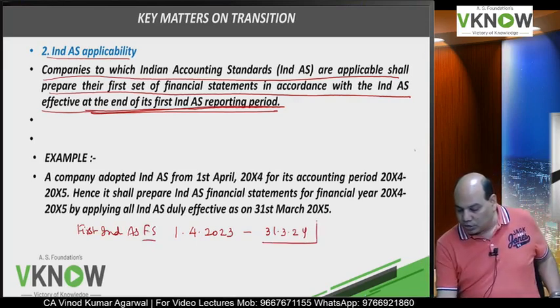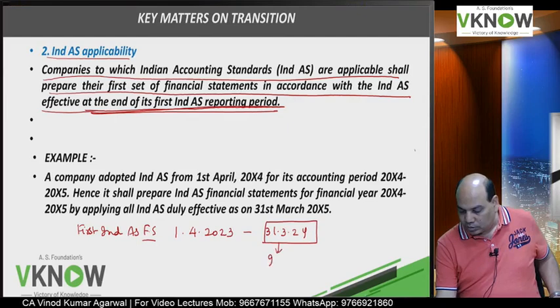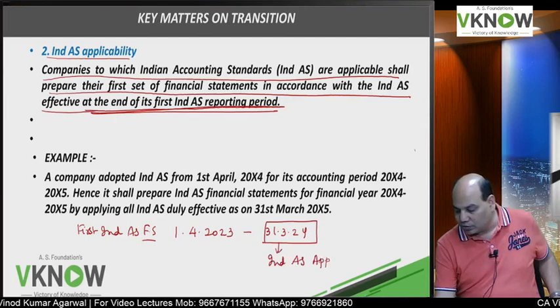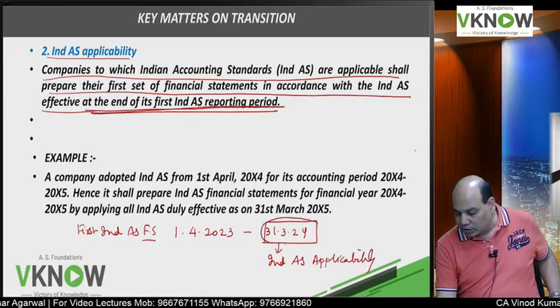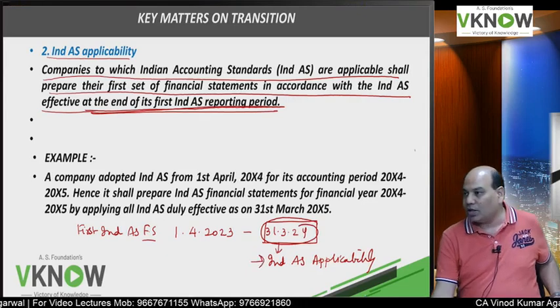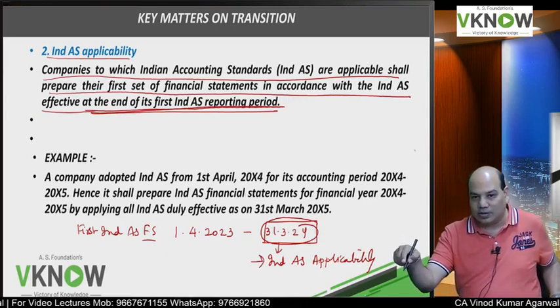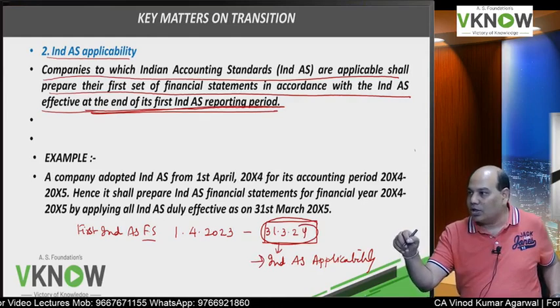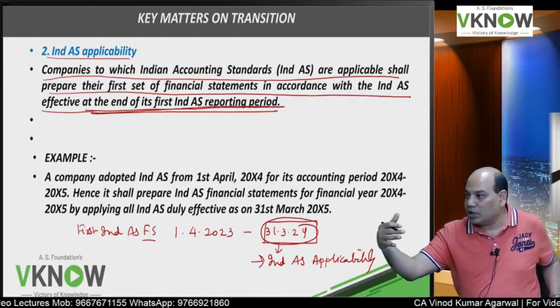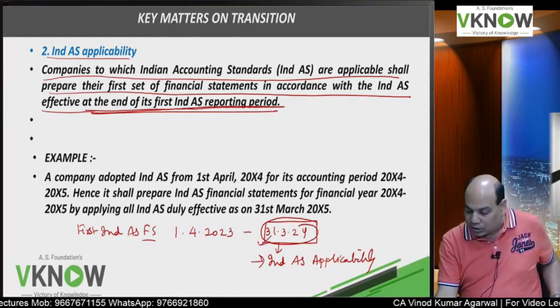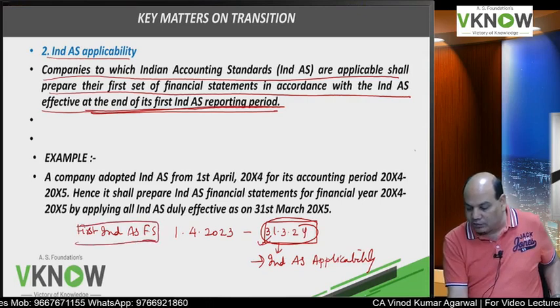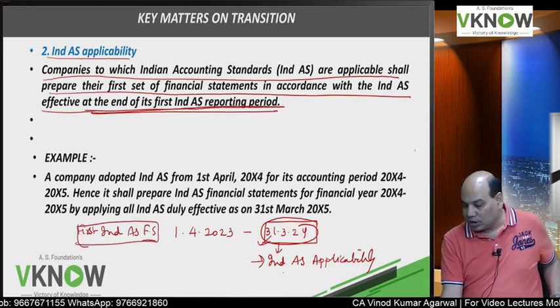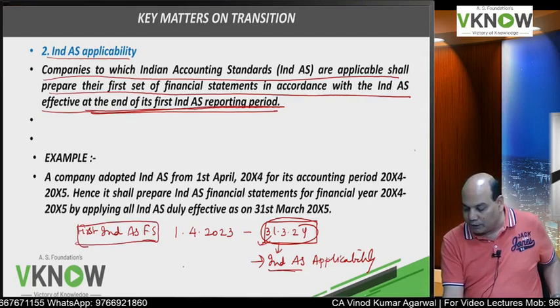So you have to see which Ind AS is applicable on 31st March 2024. On this date, you see which Ind AS and which provisions are applicable on the last day of the first Ind AS financial statement, and that Ind AS will be applied for comparative also.